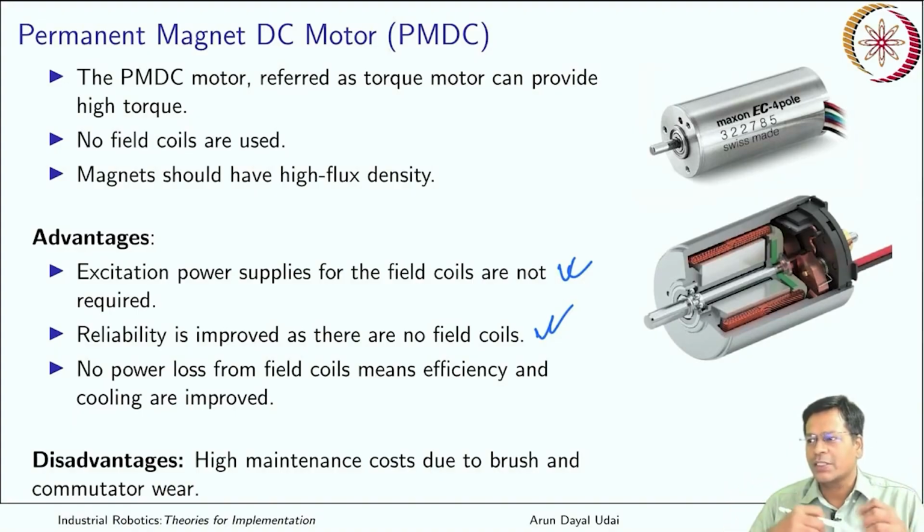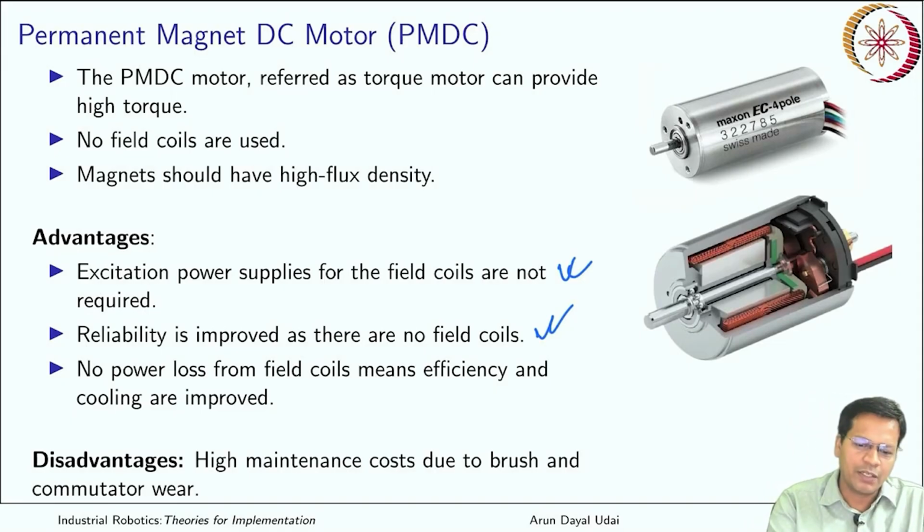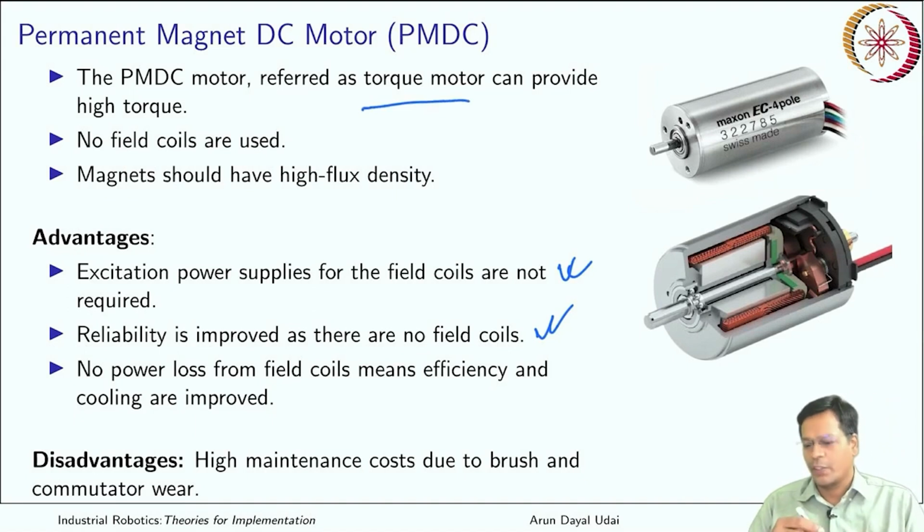But yes, DC motors have brushes. As you know, they are continuously in friction and wear will occur, and over time it needs some sort of maintenance, so the cost will go high, but still it can provide a very good amount of torque. That is the takeaway of this kind of motor.